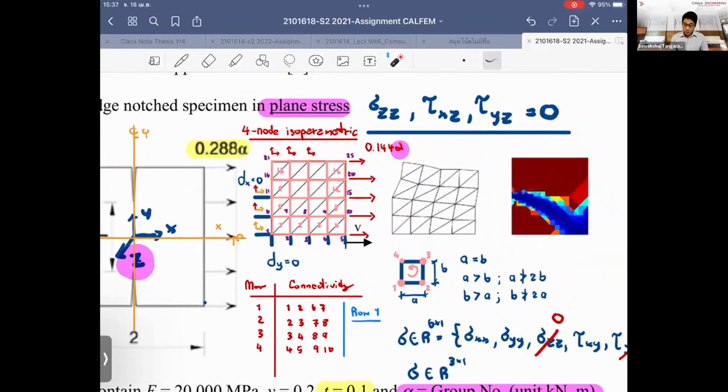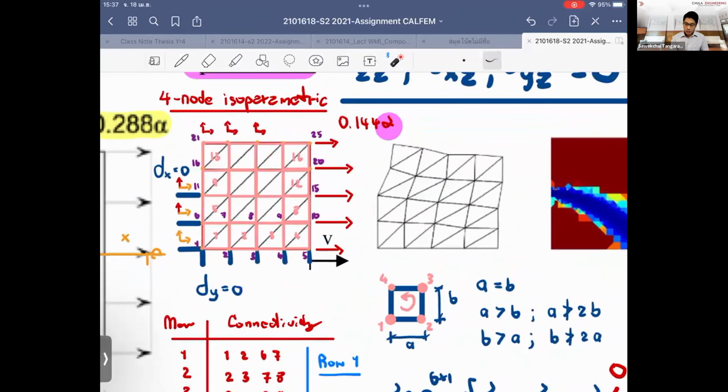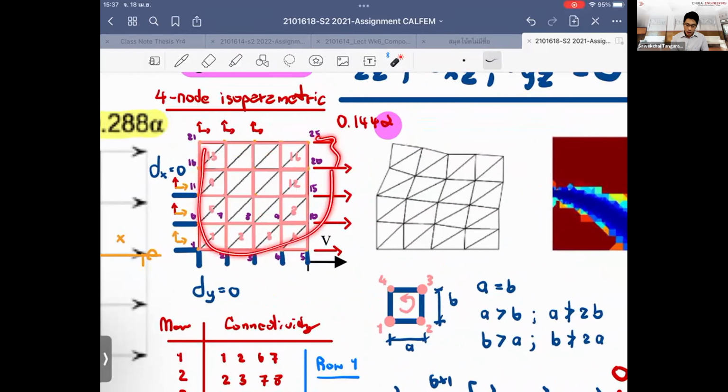I brought to you here what I expect to see when you apply the force with this type of boundary condition. There will be a displacement corresponding to the applied force.